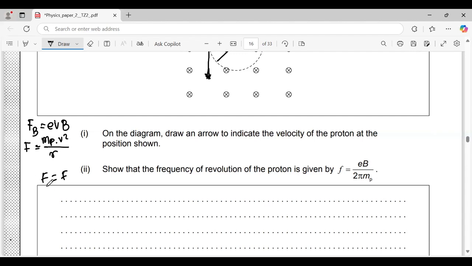It means we write evB equals mp times v squared over r.